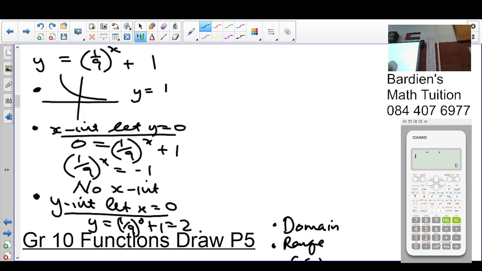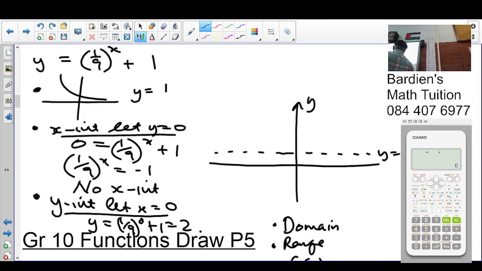So if I draw this graph, first thing we're drawing is the asymptote of y is equal to 1. Got your y-intercept at 2. So we need to generate another point on this graph. How do I generate another point? Let x equal 1.